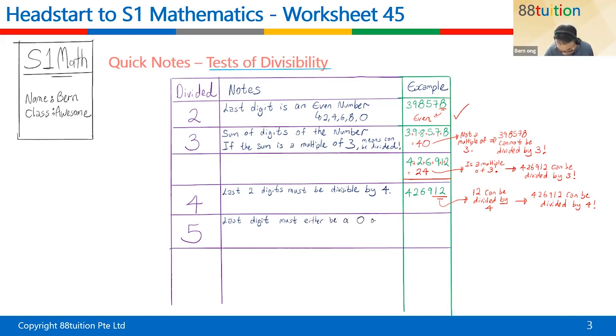For example, 623,155 or maybe 738,930. Whenever the last digit is either 5 or 0, both numbers can be divided by 5. Do you understand? By looking at the last digit.